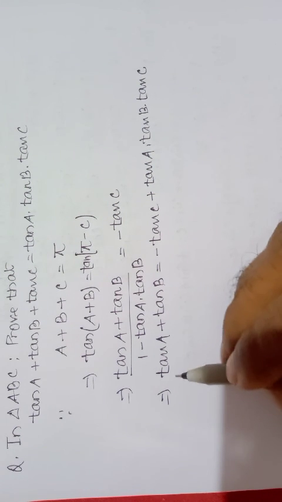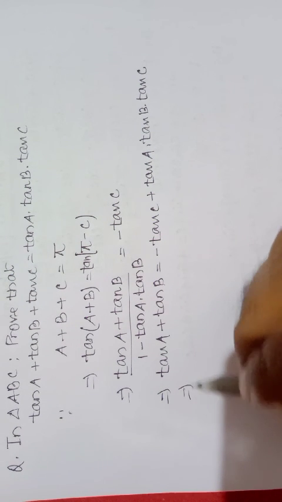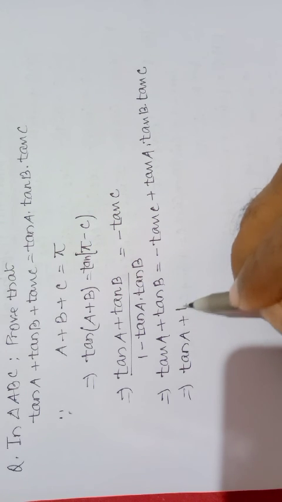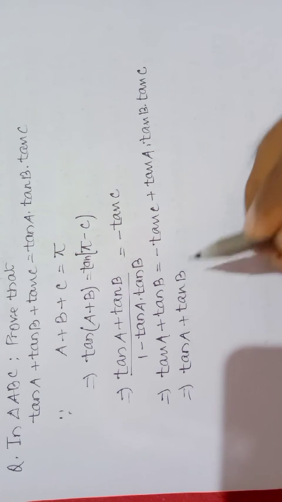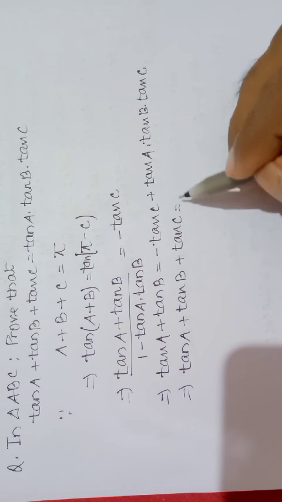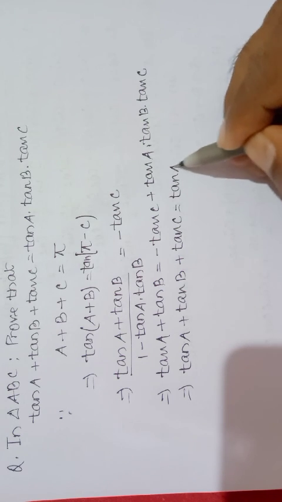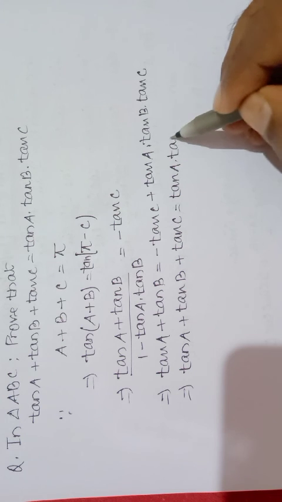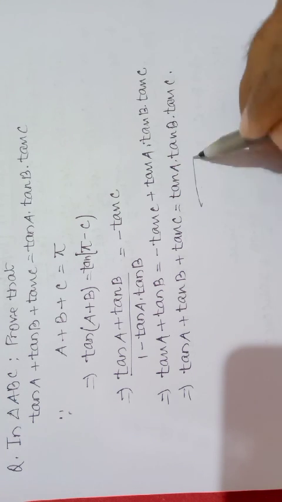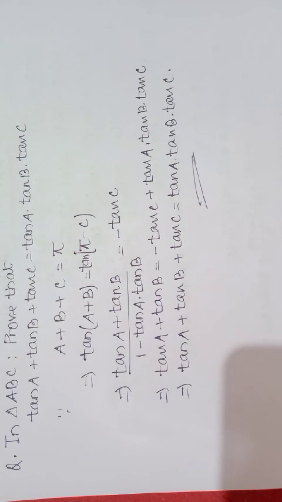Thus tan A plus tan B plus tan C is equal to tan A into tan B into tan C. So children, in this way we prove the problems from conditional identities.